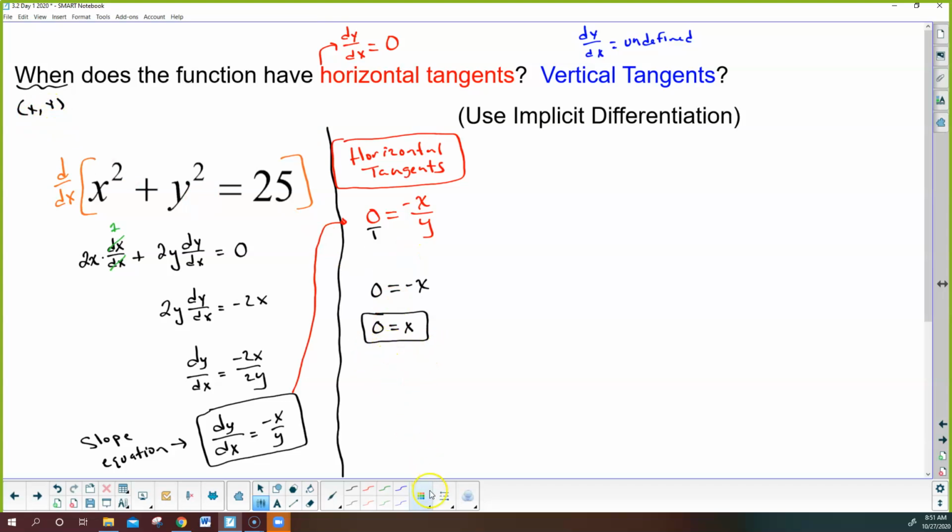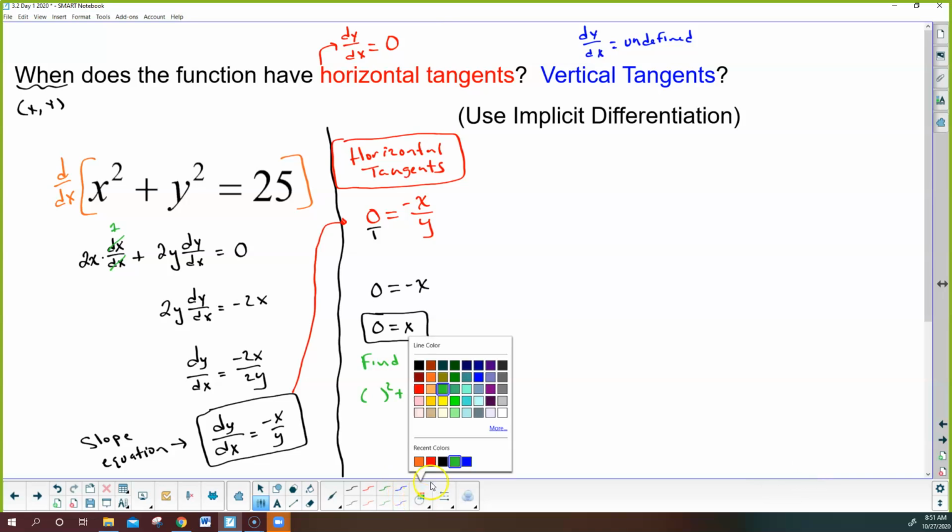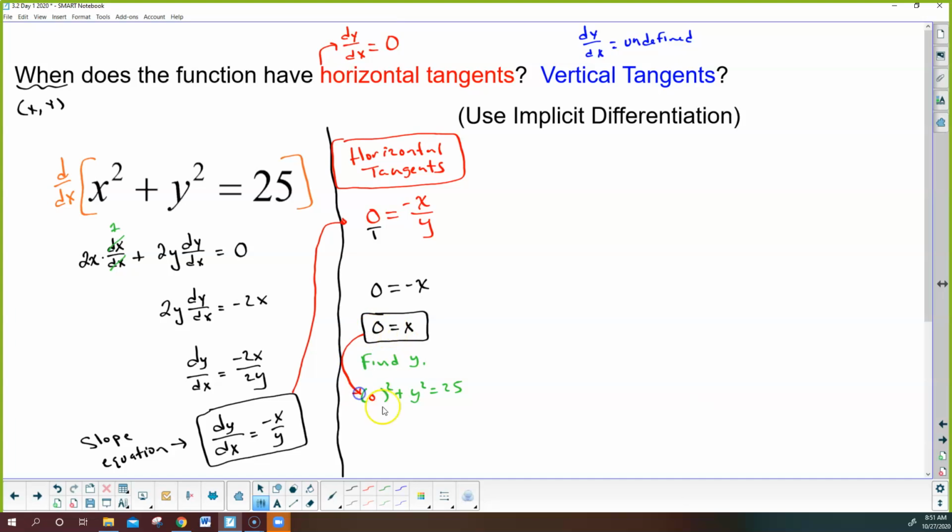So the only tricky part here is once you find what x is, you got to find y. And that's always going back to the original equation. So x squared plus y squared equals 25. But we know that x is equal to 0. And now it's just more algebra.